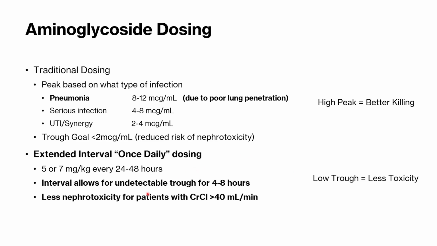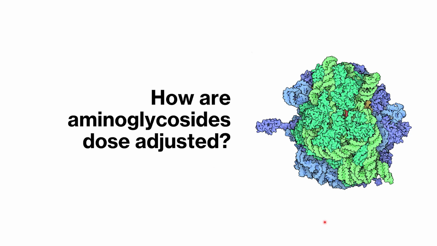So a good rule of thumb here is higher peak means better killing. The higher you get that peak, the more drug goes into the cell and kills the cell. Lower trough, less toxicity. Toxicities that we're worried about, especially nephrotoxicity. That is the main one, but there's oto- and neurotoxicity as well.